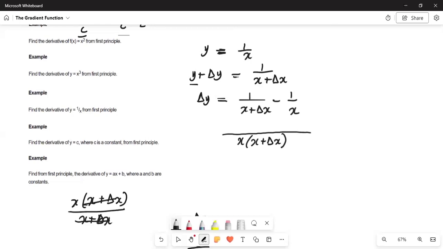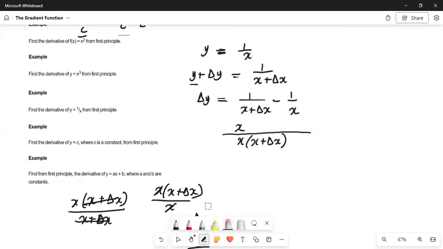This will cancel this, so I'll be left with x. So this LCM divided by this is x. Now x times 1 is x. Then the LCM divided by this x is x plus delta x, the x is cancelled, while x plus delta x will remain. Look at it. x times x plus delta x divided by x, x cancelled. Then we are left with x plus delta x.